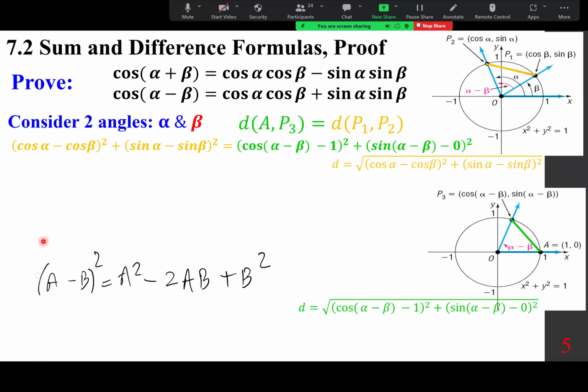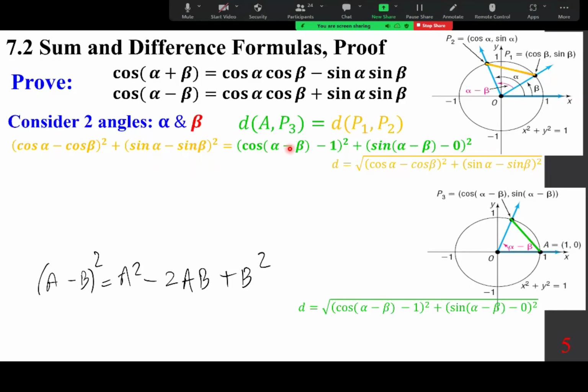You know all these identities. So this one, cosine squared alpha minus 2 cosine alpha cosine beta plus cosine squared of beta. This one, sine squared alpha minus 2 sine alpha sine beta plus sine squared of beta. So that one is the left-hand side.